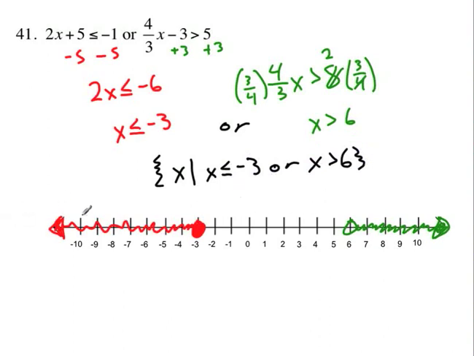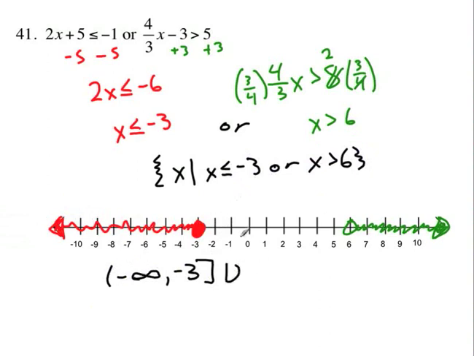Interval notation, remember, we go from the very left and go right. The most left part of the answer is way down here, which ends up being negative infinity, and we're going to go to negative 3, and we're going to include negative 3. Now remember, we never include negative infinity or positive infinity because we can never get to it. Then I'm going to do the little union sign.